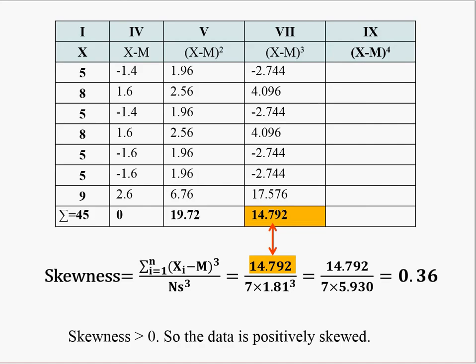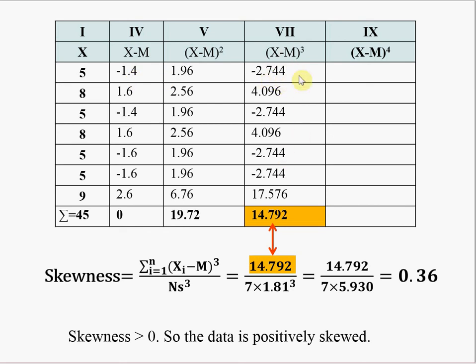Okay, now this is how we actually calculate this value. Now we have the same data set. Here is the deviation, the squared deviation, the cubed deviation. How do you calculate the cubed deviation? You can simply use the deviation multiplied by the squared deviation. That gives you this value. So it has a negative sign, and the negative sign carries over here.